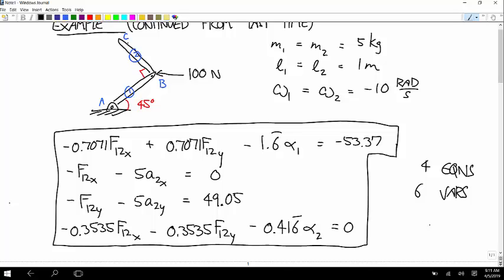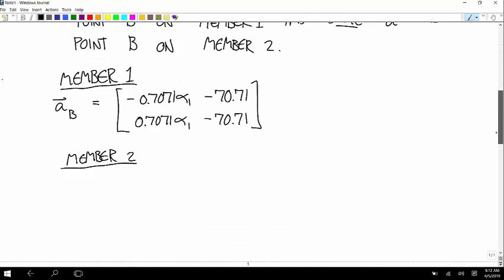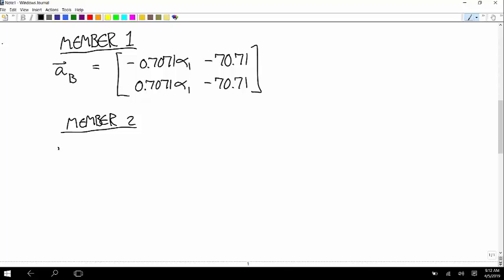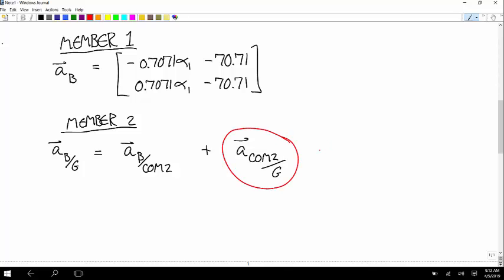You can think of this as, the acceleration of B relative to the ground is equal to the acceleration of B relative to the center of mass of 2, plus the acceleration of the center of mass of 2 relative to the ground.